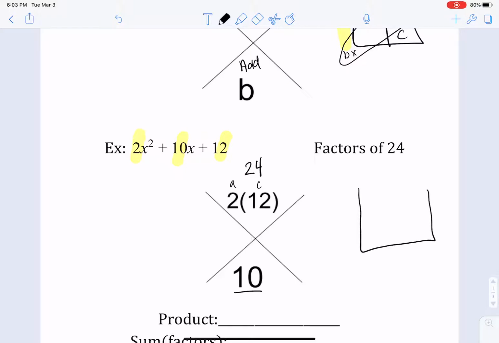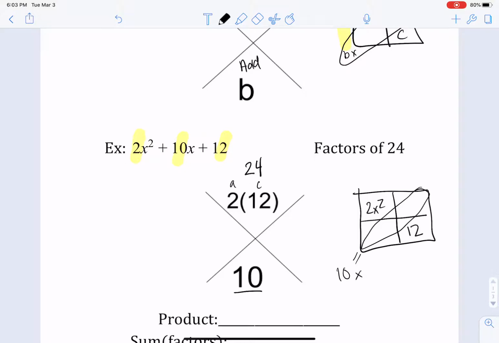Again, we're going to set up our reverse area model here. We know that we're going to have 2x squared in this box. We're going to have 12 in this box. And so we're going to use our factors to figure out our middle terms here. And they're going to add up to that total of 10 x's in the middle. So these two terms that come diagonally will add to 10x.